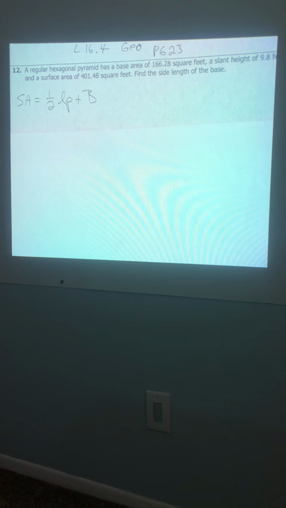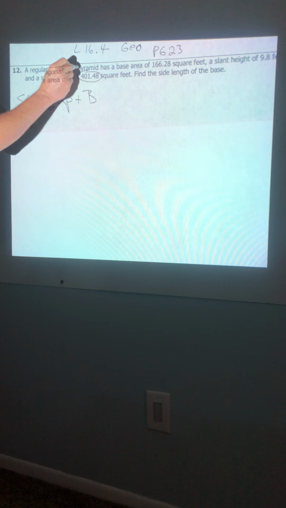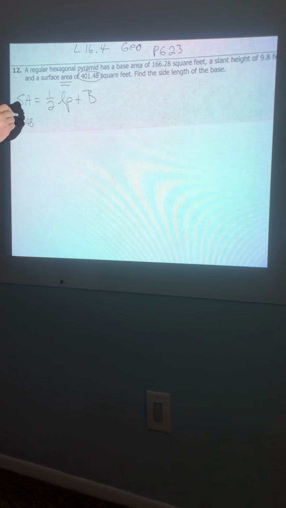All you have to do is plug and chug, I promise you. Let's start with surface area. Did they give it to us? Yeah, look, 401.48. Put it where the surface area is in the formula. Recopy the 1/2. Did they give you the slant height? They did.